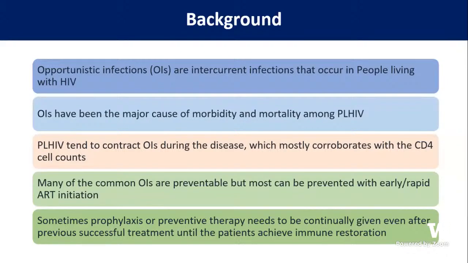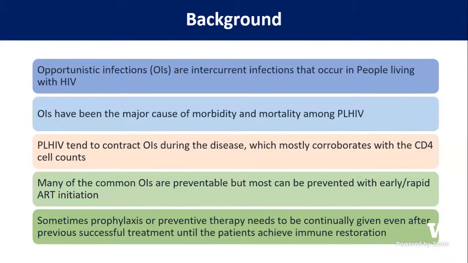We can see a clear relation between the CD4 count and the opportunistic infections which the patient may have. For example, if you have a very low CD4 count, then we would tend to get most of the stage 4 infections. And if you are somewhere between 100 to 200, we could guess some of the OIs which are more common in that CD4 range.